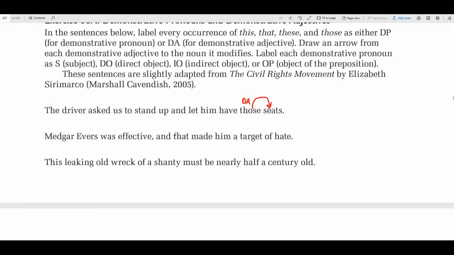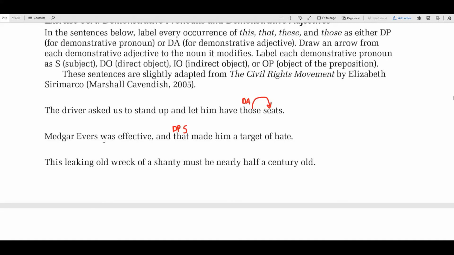It's a DP because it's kind of taking the place of this, which is acting as the subject. Okay? I know that's kind of hard to understand, but I don't have an explanation for that. You just kind of have to deep think it.